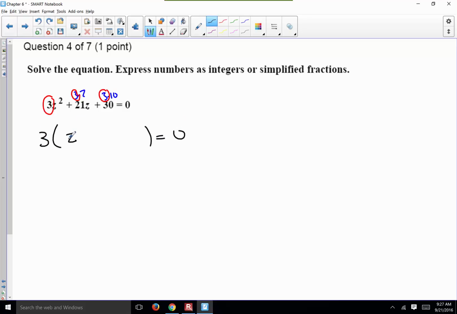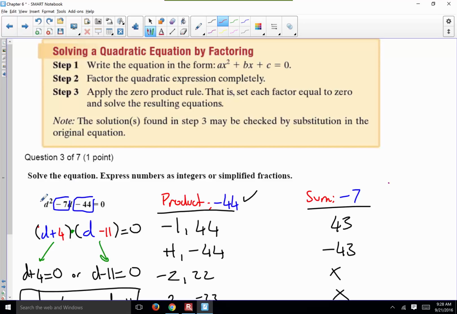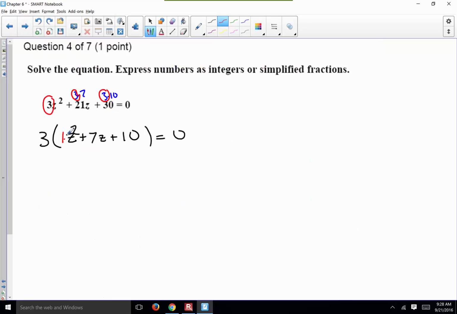And what you have left with is z squared, 7z, and 10. And what's nice about this parentheses expression is it's just like this question. It starts with 1. How amazing is that?